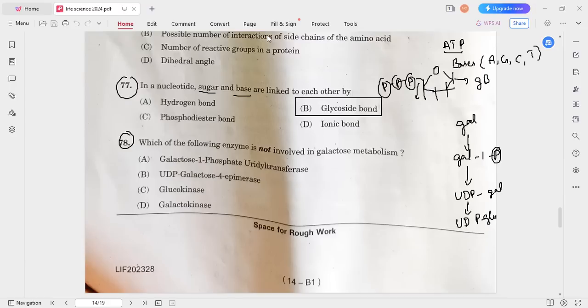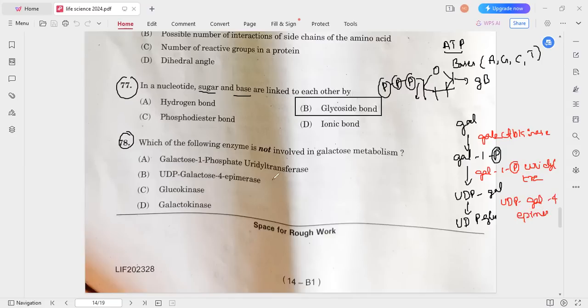The enzyme for the conversion of galactose into galactose 1 phosphate is galactokinase, and the enzyme which converts galactose 1 phosphate to UDP galactose is galactose 1 phosphate uridyl transferase, and conversion of UDP galactose to UDP glucose is by UDP galactose 4 epimerase.